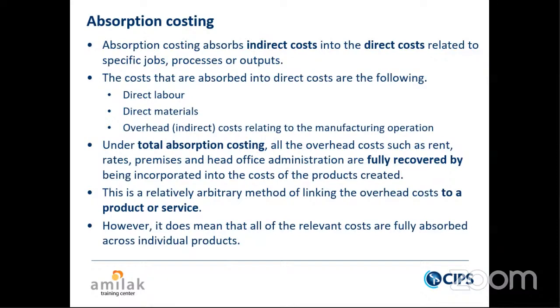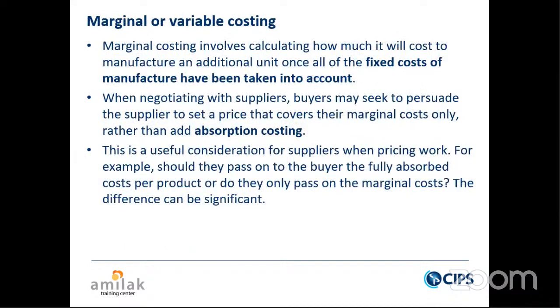Now, let's shift quickly to marginal costing. Marginal costing involves calculating how much it will cost to manufacture an additional unit once all of the fixed costs of the manufacturing have been taken into account. What this means is when we are doing marginal costing, we are only taking into account the variable costs.